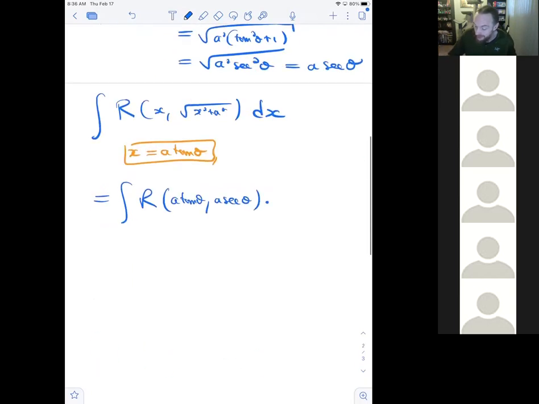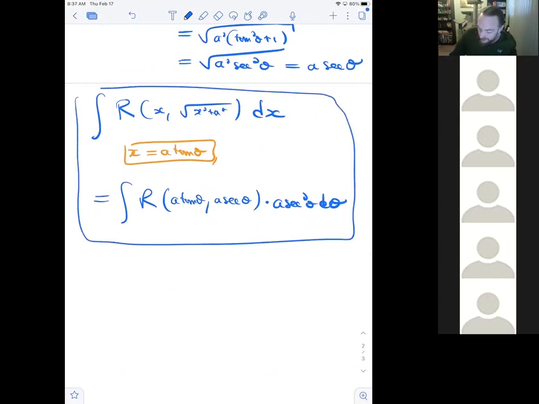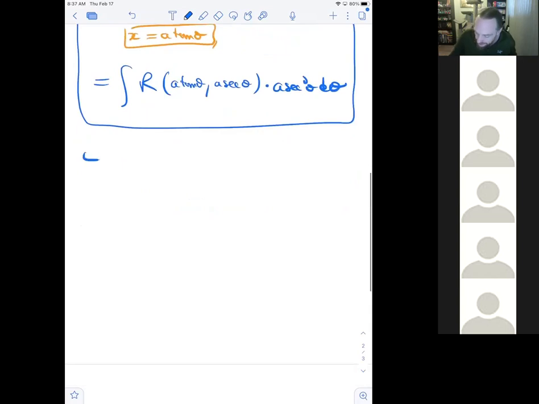My differential is a secant squared theta d theta. This is the idea of how we use these trigonometric substitutions. When it's a rational function in x and the square root of x squared plus a squared, if I make the substitution a tan theta is x, then I get a rational function in products of secants and tans, which we had a whole technique on how to deal with. This is the strategy to get us out of that. So example 1 today.